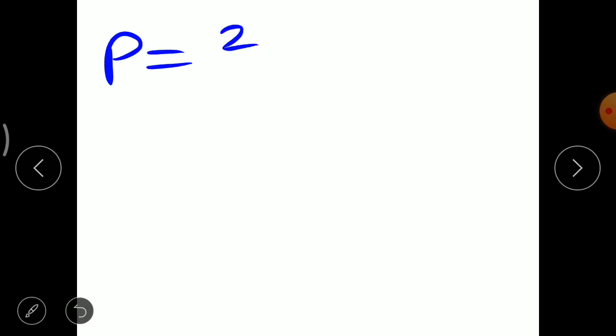First of all, we need to solve for the quantity of torque, that is T, and we know that the formula of power is P equal to 2 pi N T divided by 60.